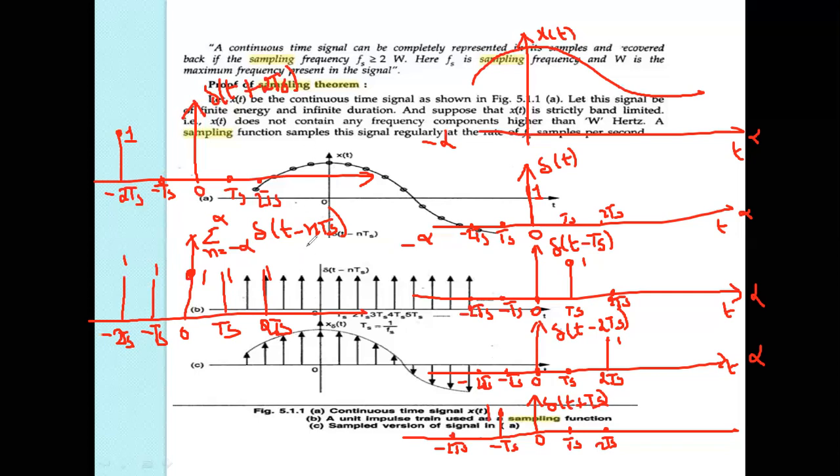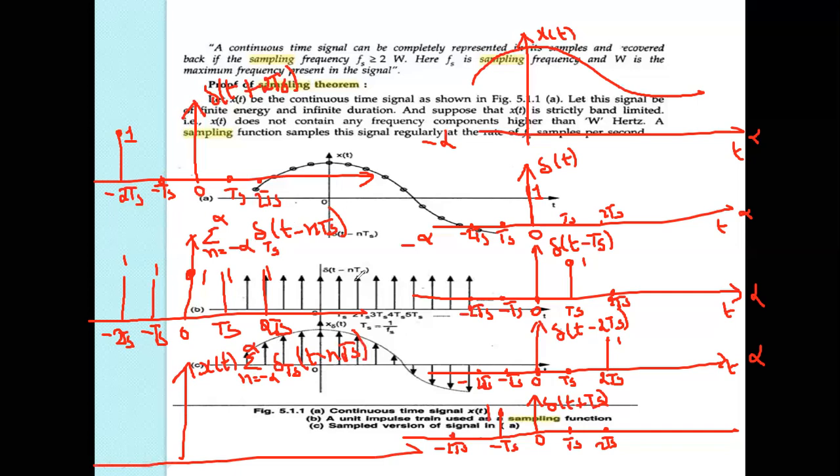Now, combining these two signals, the input signal x of t and this sampling signal delta ts, let us take that. I am multiplying the two signals, x of t into the sum of n equal to minus infinity to infinity of delta ts of t minus n times ts.